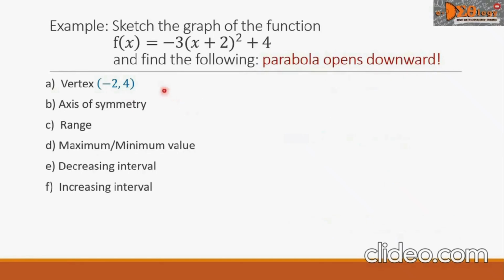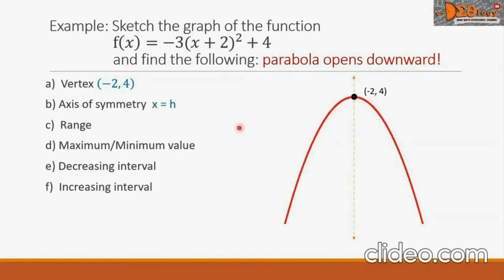Since the vertex is known, and we know that the parabola opens downward, we can now draw the parabola. So we have a parabola here that opens downward, and the vertex is the highest point. That is now the point -2, 4. Now letter B, for the axis of symmetry, it is the vertical line that passes through the vertex.